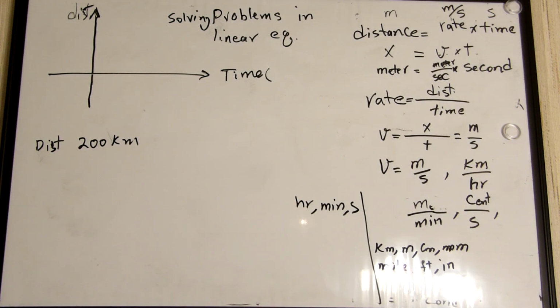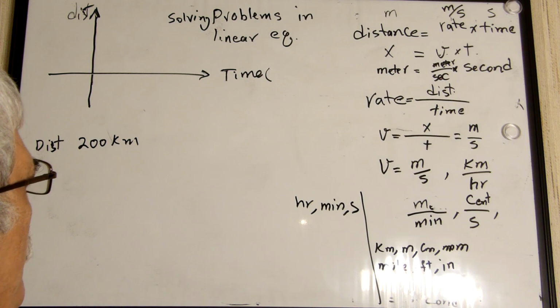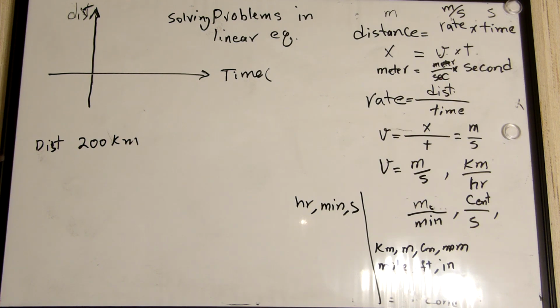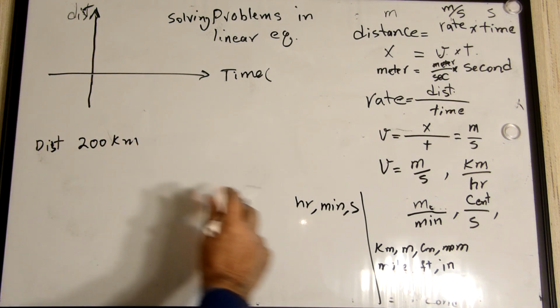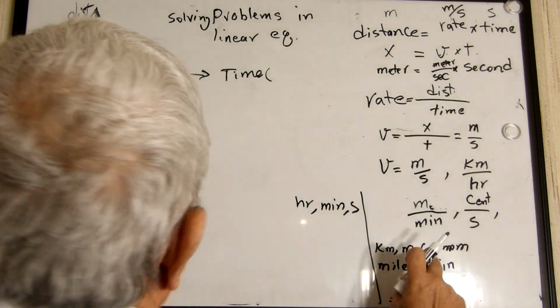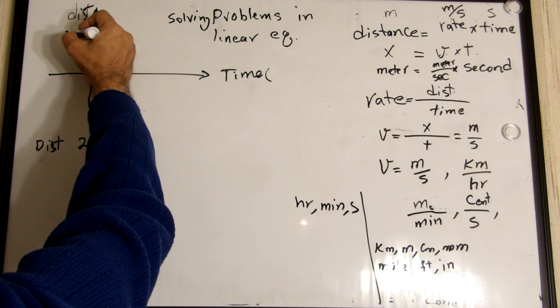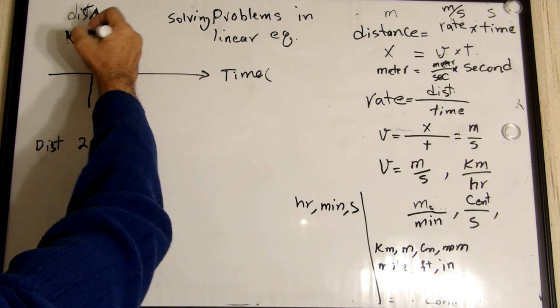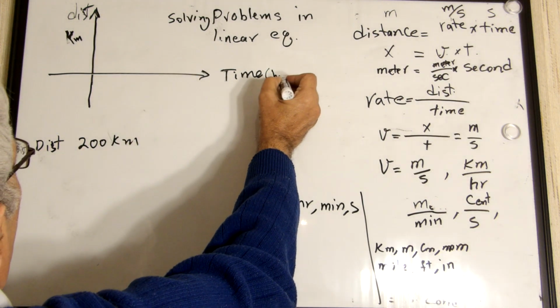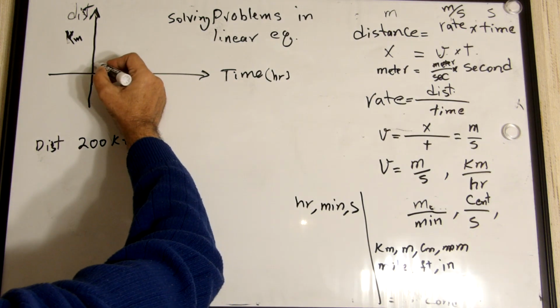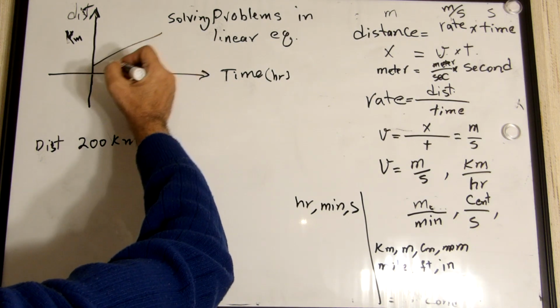We usually use hours, minutes, and seconds. And distance, as I said, like kilometer, meter, centimeter. If you have kilometer here and hour here, you have a graph like this.